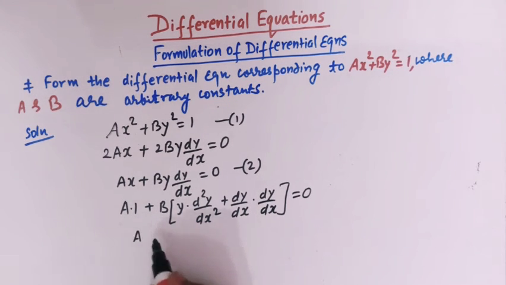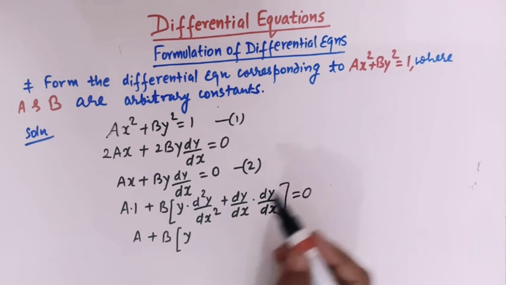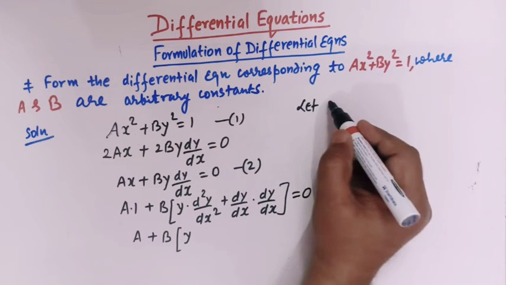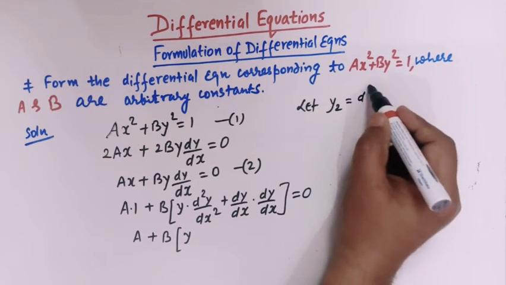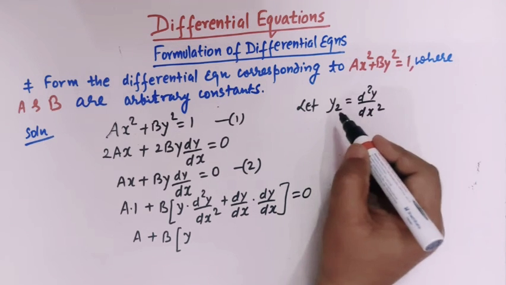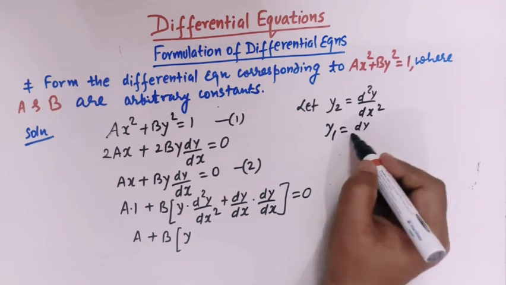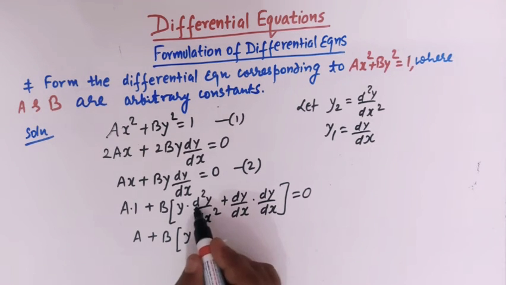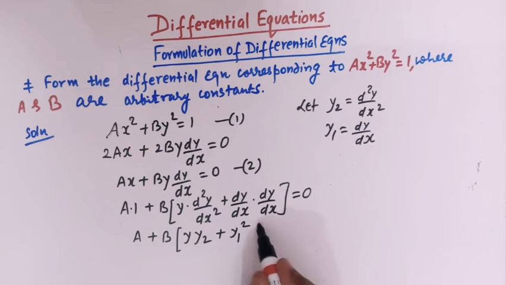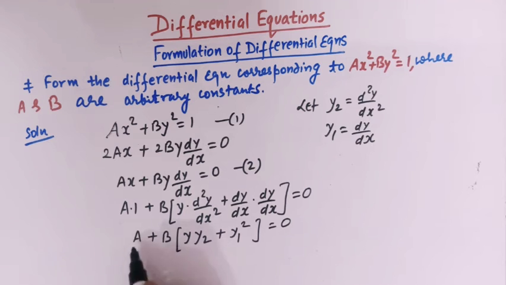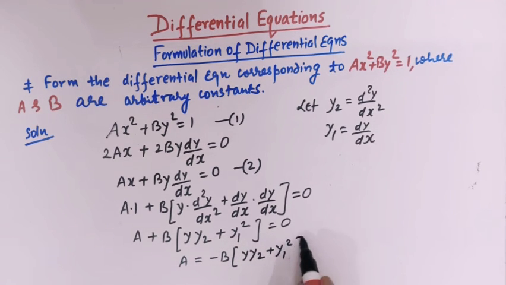Now we can write it as a + b times (y y2 + y1²), where for the sake of simplicity let us write the notation y2 for the second derivative d2y/dx2 and y1 for dy/dx. So this becomes a + b(y y2 + y1²) = 0, right? So here we have the value of a as a = -b(y y2 + y1²), right?